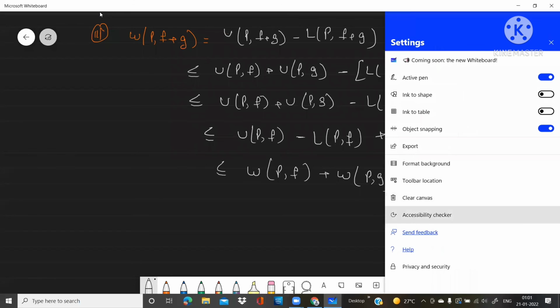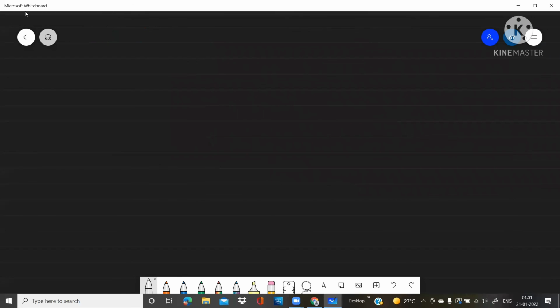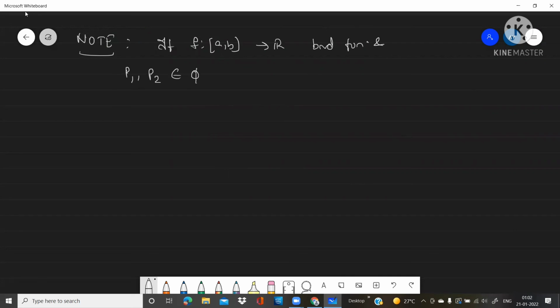After this, there is a note point. I'll just explain that. Note: if f is a function mapping from [a, b] to R, obviously it should be a bounded function, and there are two partitions, P1 and P2, which belong to the set of partitions of [a, b], such that P1 is less than P2, then U(P1, f) is greater than or equal to U(P2, f).